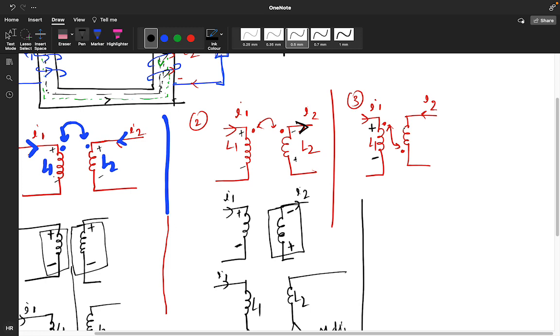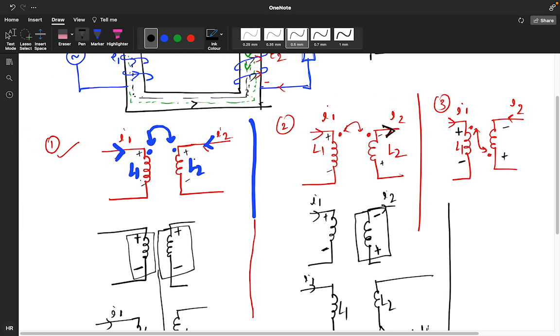See, what is the scenario, actually? What is the meaning of dot? Dot means in this dot current is entering, and in this dot current will leave from this particular point. So see, first in this particular dot our current is entering, right?